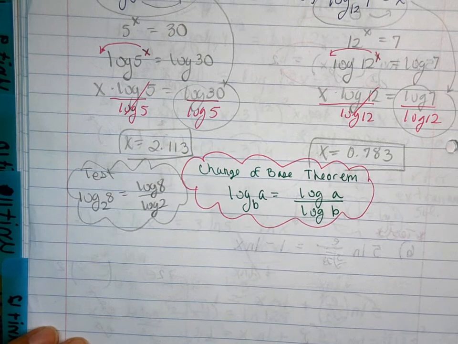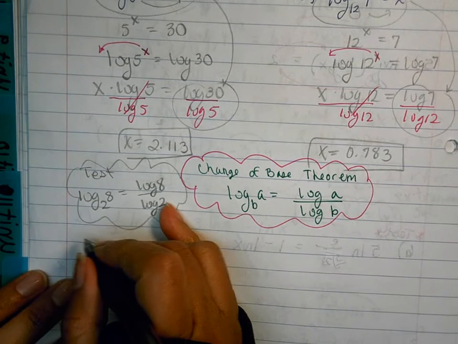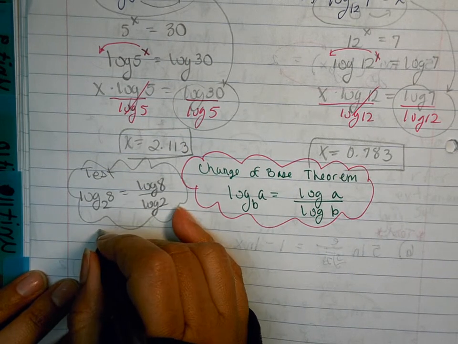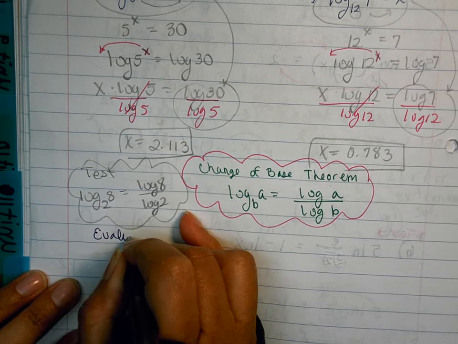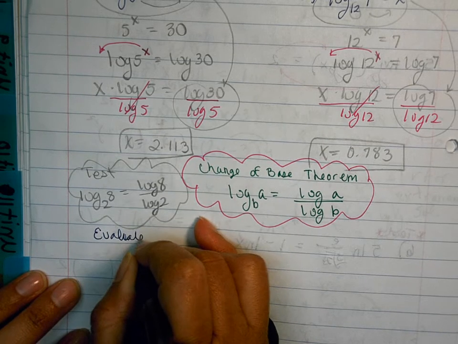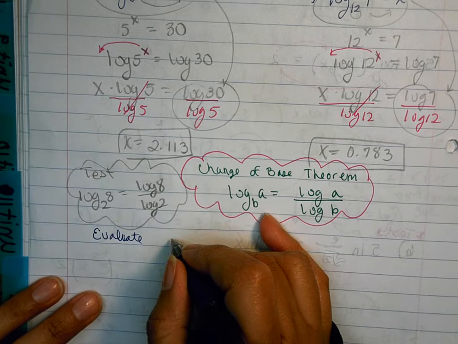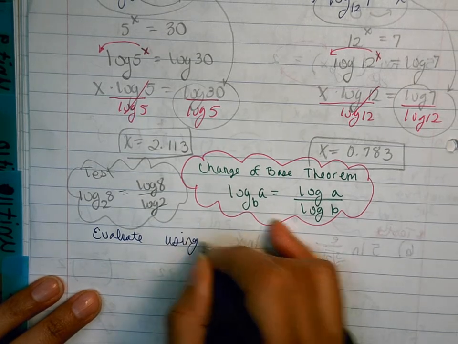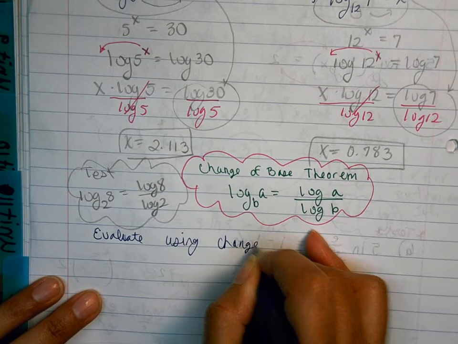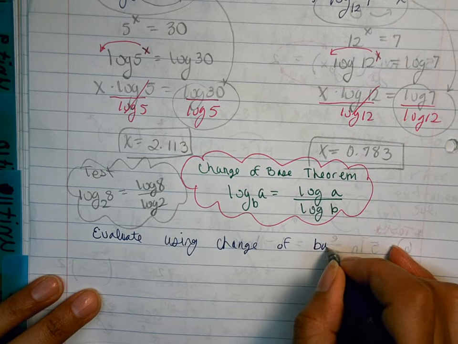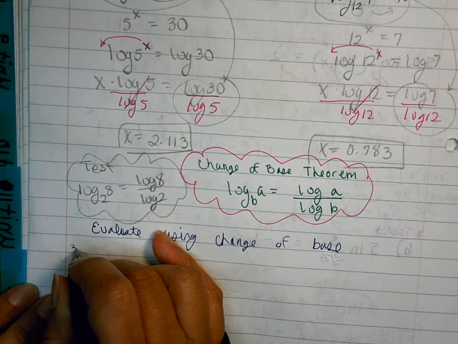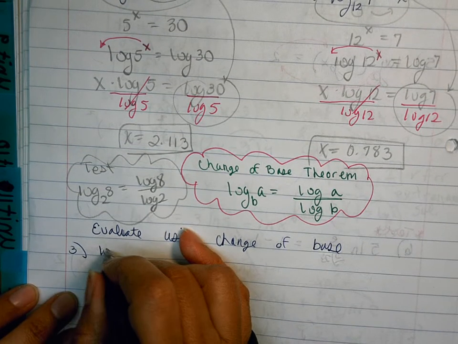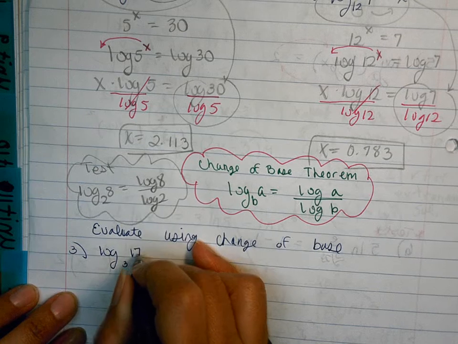All right, so on 3 and 4, you're going to evaluate using the change of base. Number 3: log base 3 of 17.